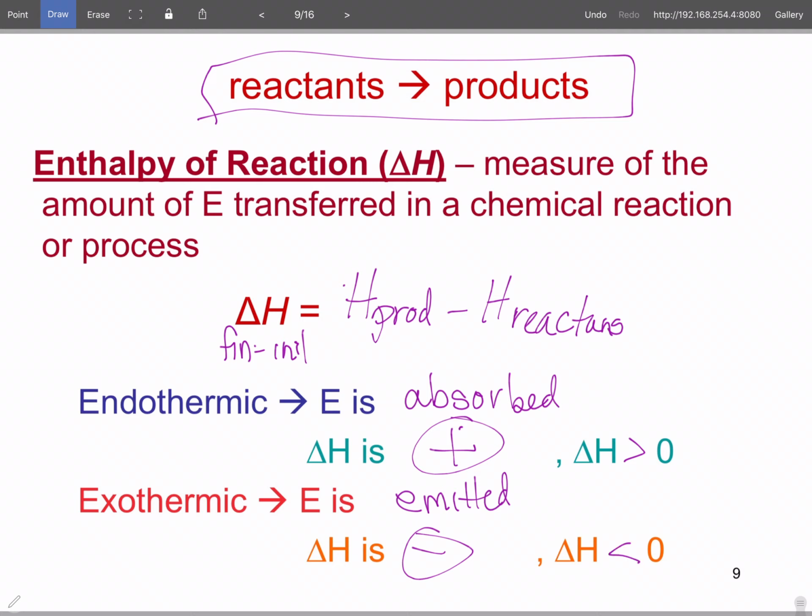So this is actually the hard part. If you've ever done any accounting, you talk about assets and debits. So if you think about it as money, if you're spending it, it's exothermic. If you're getting it, it's endothermic. So your paycheck would be endothermic and your phone bill is exothermic.